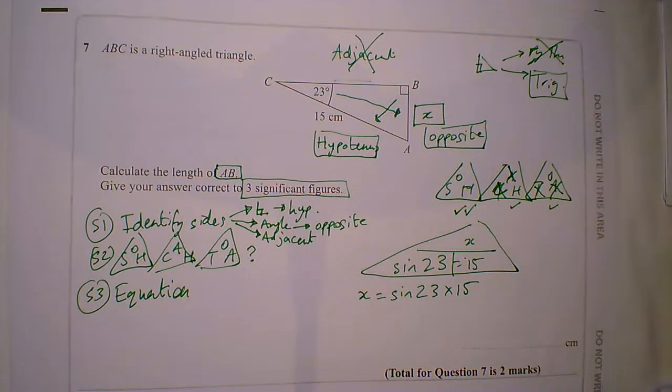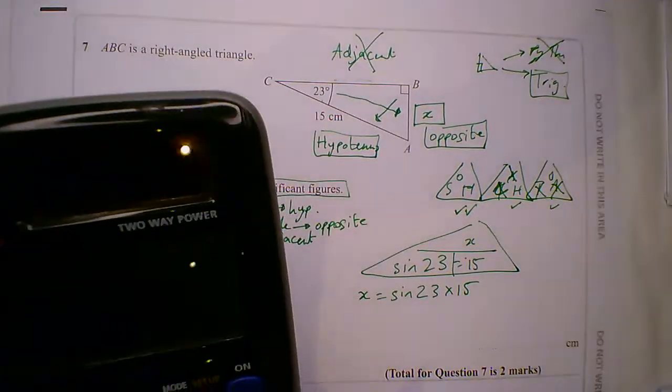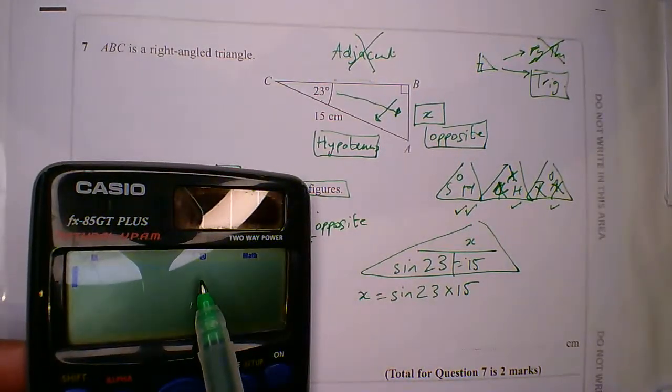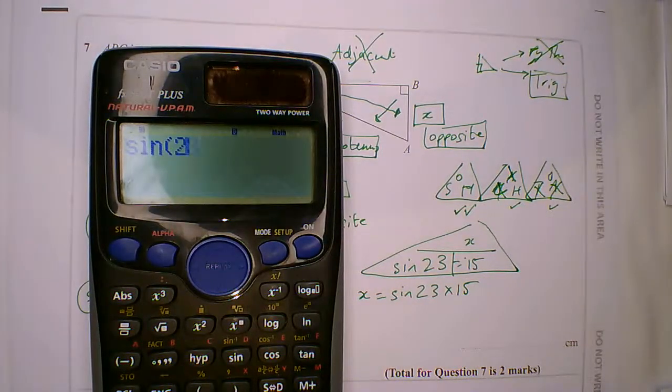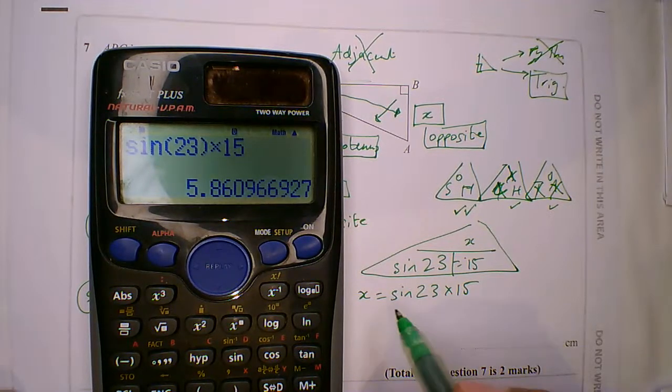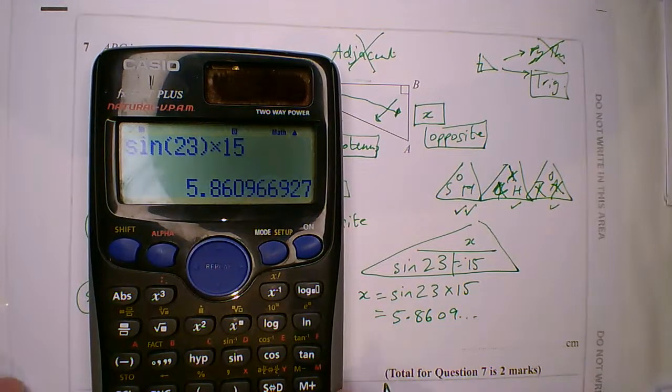Now I get my calculator. Make sure I'm on degree mode. You can see there's a D sign there, which is degree. So I'm going to do sine 23, close bracket, times 15. That gives me 5.8609 and so on.